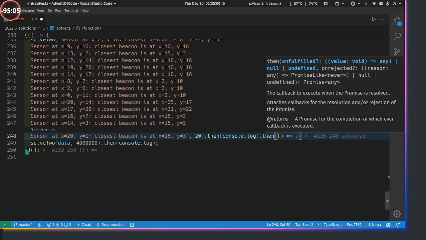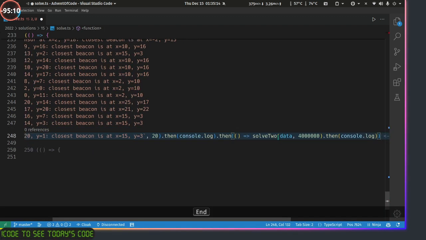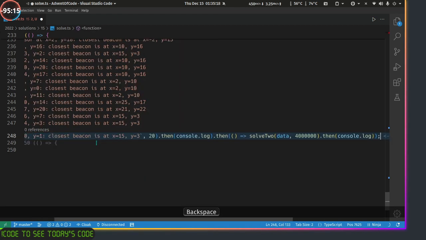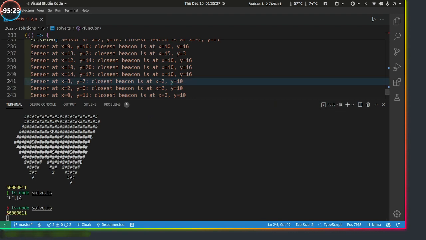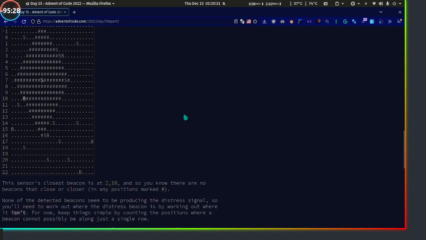Maybe I'll need to chain these. The first one should have run really quickly. Why you no run? Run. Run, Daniel. Okay, first one made it, so next one we're just waiting for that one.